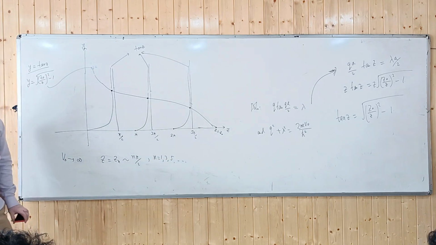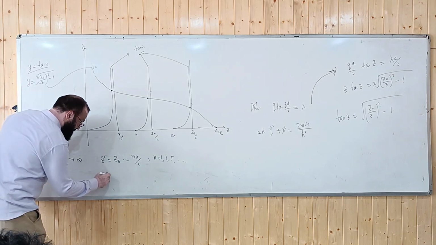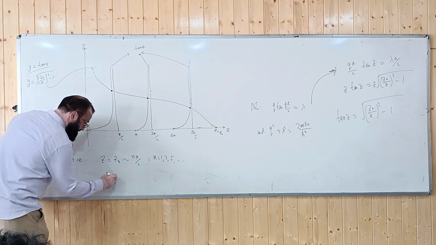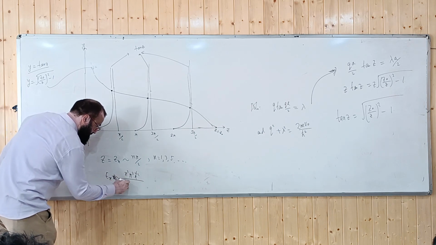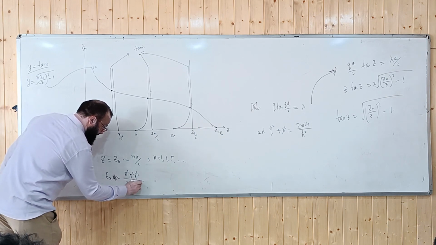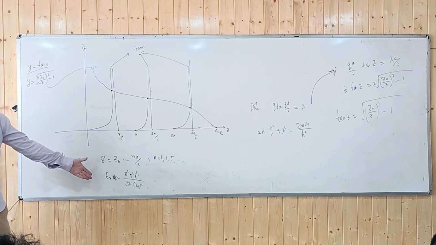Clear? So when you calculate, the energy will turn out to be n square pi square h bar square by twice m, but with 2a. 2a is the width of the potential.